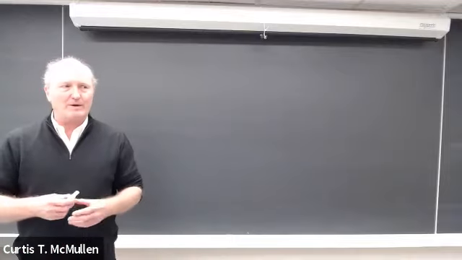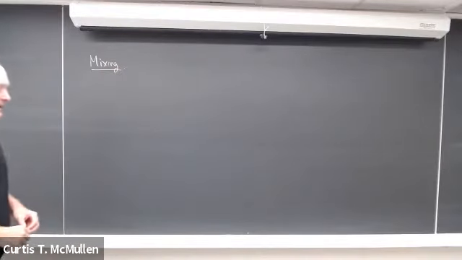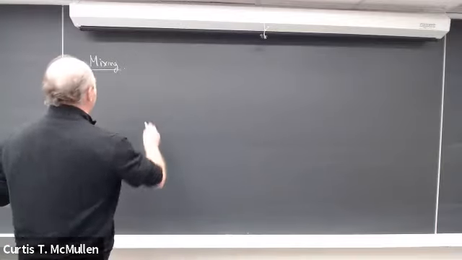So let me remind you what our most general mixing statement looks like in the homogeneous setting. We have this very nice version, which is what's often used in applications.